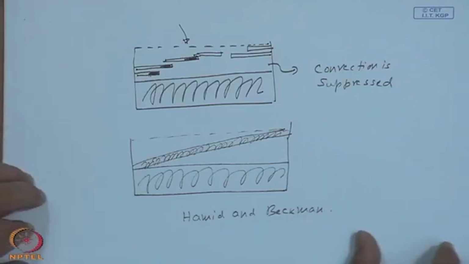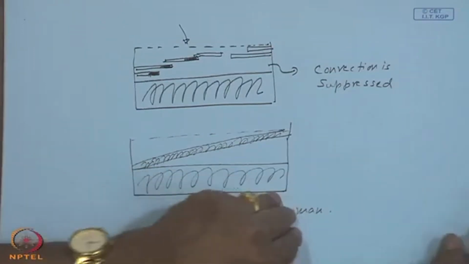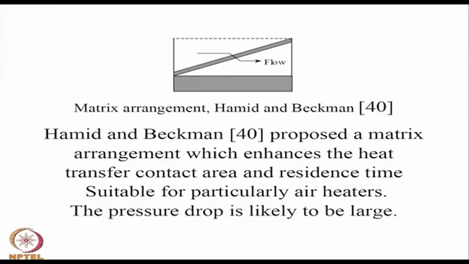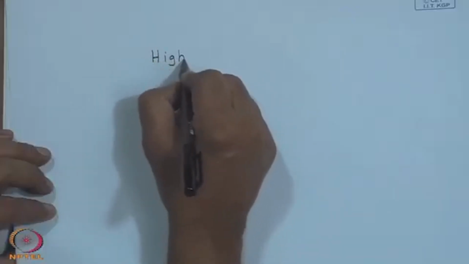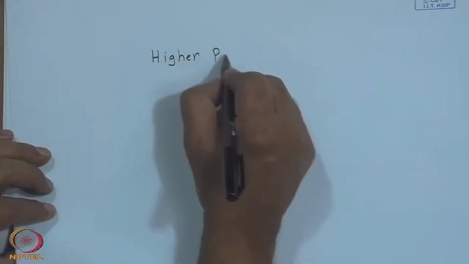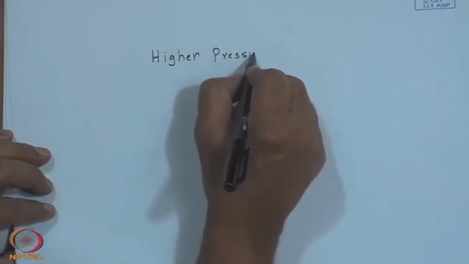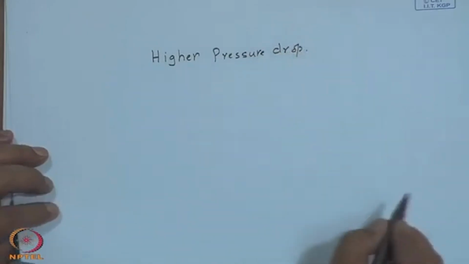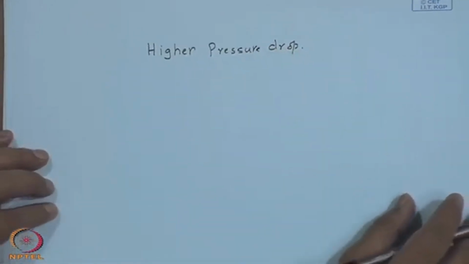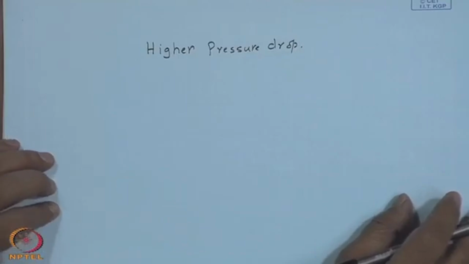But all these configurations in general have higher pressure drop. In fact, it is almost a thumb rule that you cannot enhance heat transfer coefficient without enhancing the pressure drop.